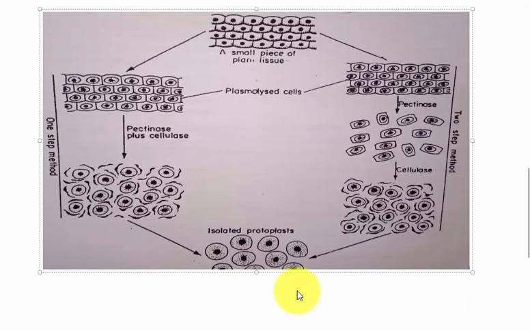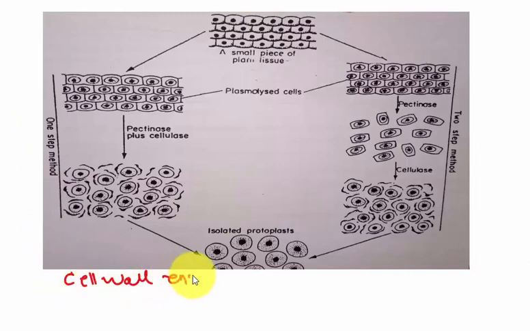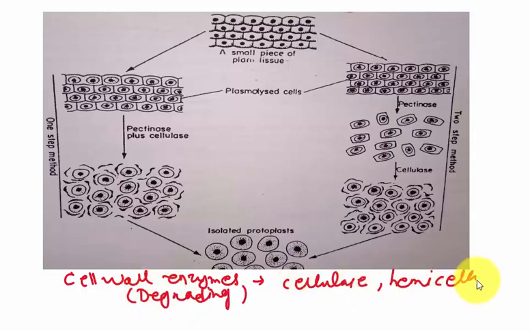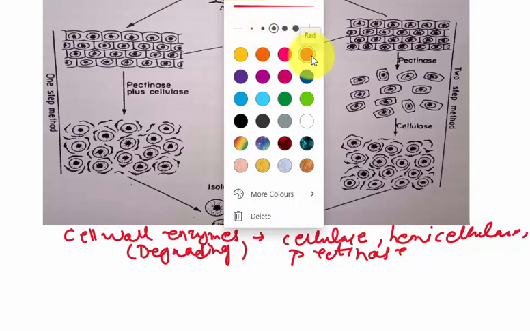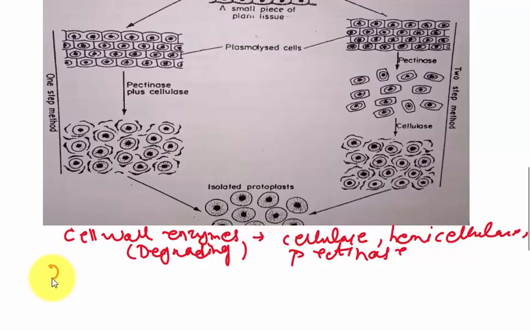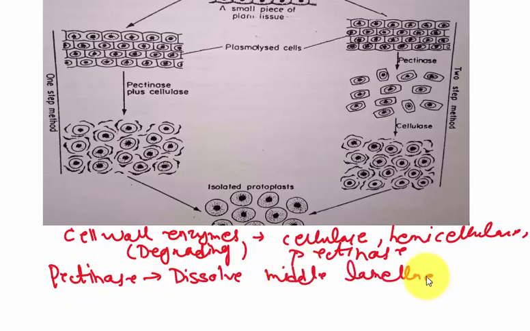In the enzymatic method, most of the enzymes are similar to plant cell wall enzymes, that means cell wall degrading enzymes, that is cellulase, hemicellulase, then pectinase, etc. The entire tissue can be incubated with pectinase, which will dissolve the middle lamella between the cells and so separate them.